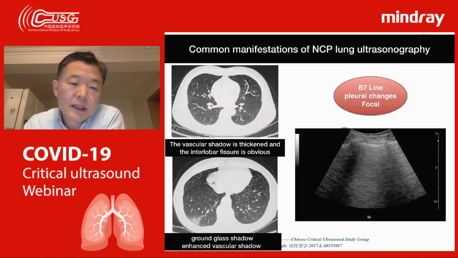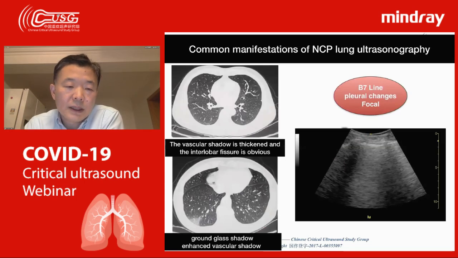First is from the CT scan, you see the vascular shadow is thickened and the interlobular fissure is obvious. And this kind of thing in a CT scan in NCP patients is very common.